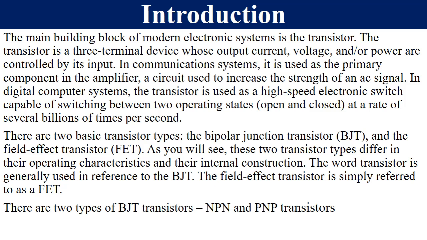What I wanted to emphasize was it is unipolar. When a person mentions the word transistor, it is assumed that he will be talking about BJT, since FET is simply referred to as FET. And we've got two types of BJTs. BJT simply stands for bipolar junction transistor: NPN and PNP transistors.